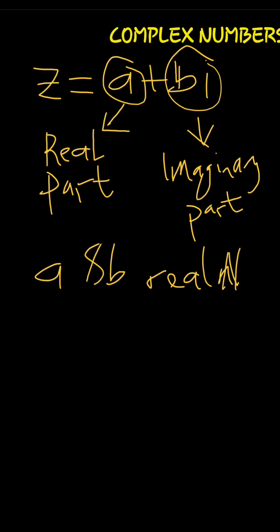What made the imaginary part imaginary is the value i. i is an imaginary number. So this part became imaginary because of the value of i.